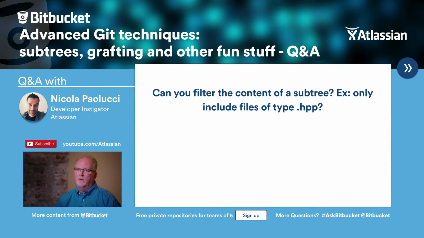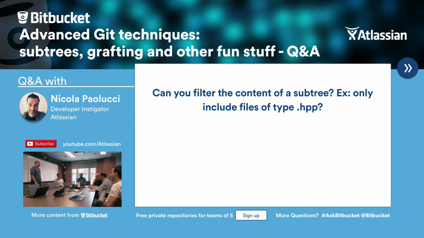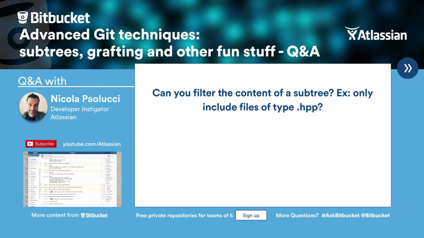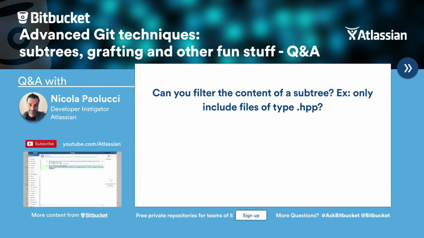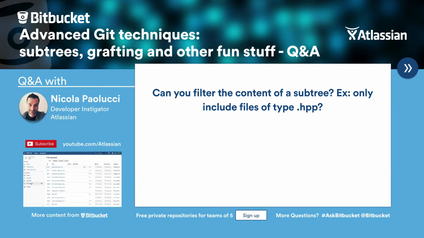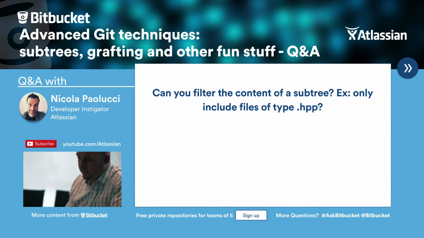It's a facility that's called the clean and smudge filters. You can specify a configuration file, a metadata file, a dot file that says, whenever you see this kind of file, I would like you to first go through this filter before you execute the git command.